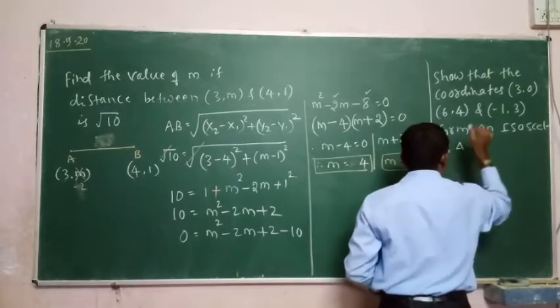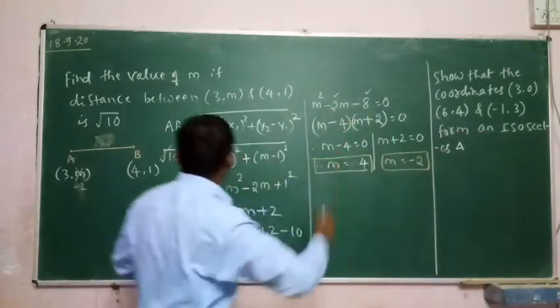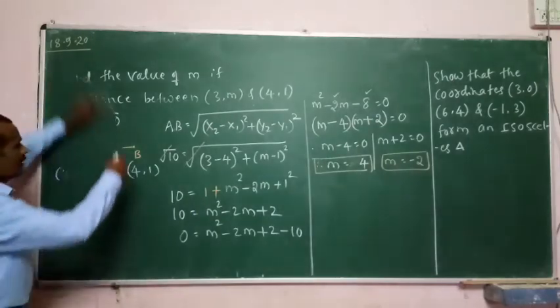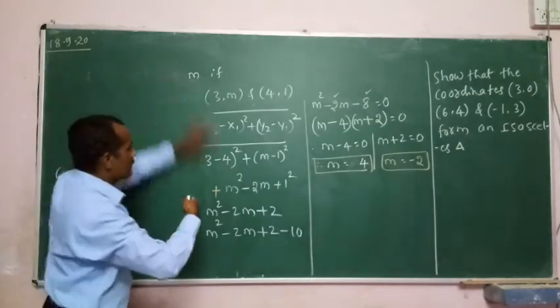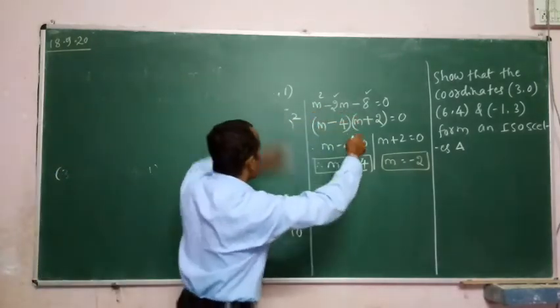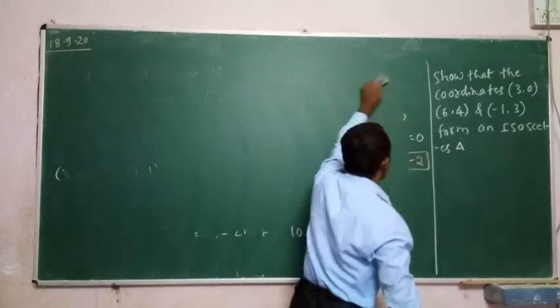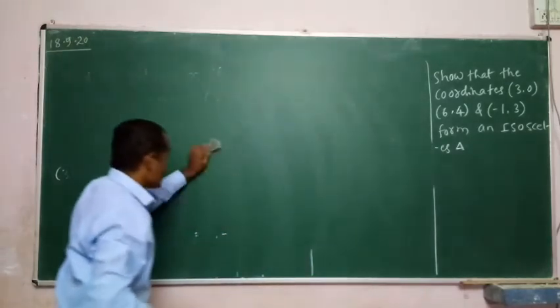Look at this problem, students. I have completed the second type of problem. Now I am going for the third type of problem here. Show that it is an isosceles triangle.